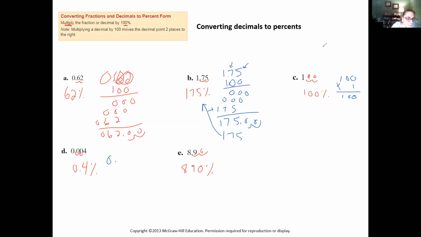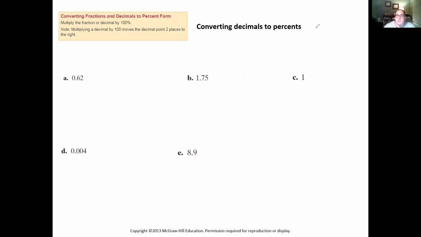But for this one, we get 0, 0, 0, 4, 0, 0, 0. And we have 1, 2, 3 decimals. So 1, 2, 3. And 0.4. I have a few more examples.